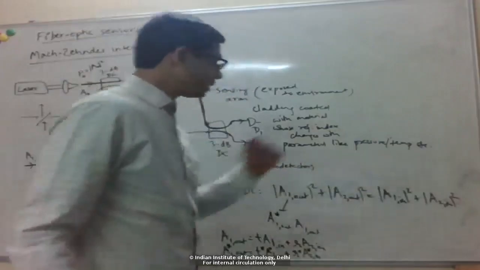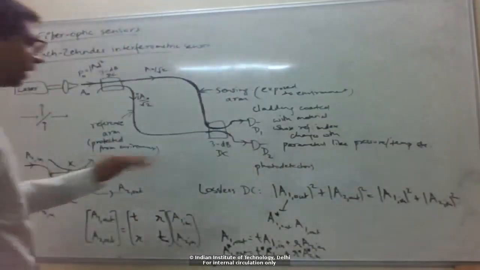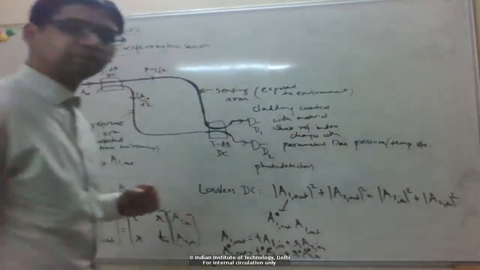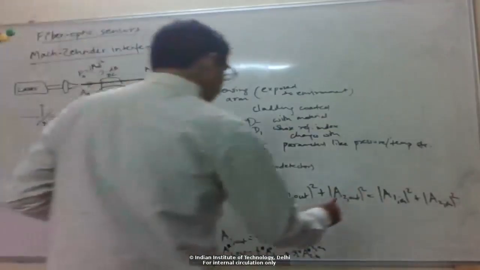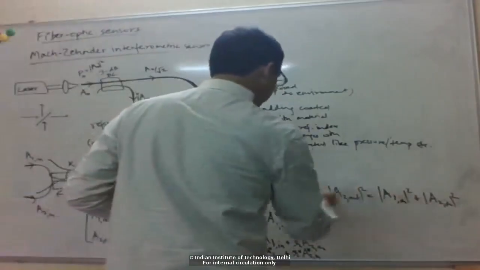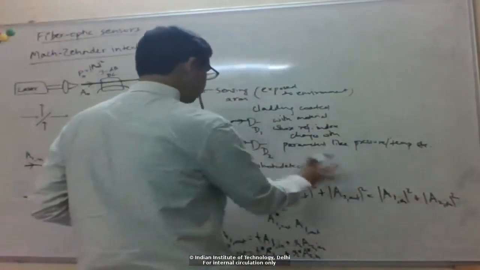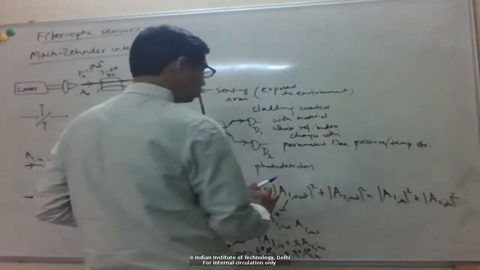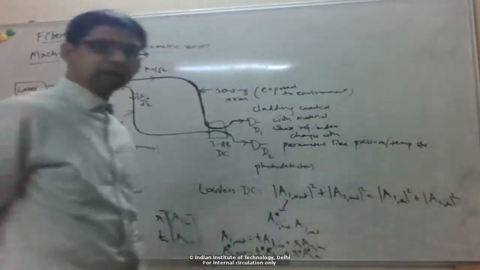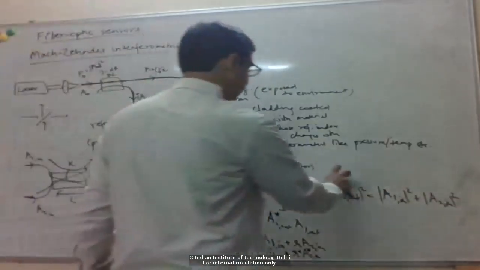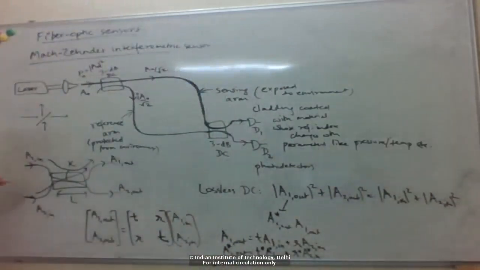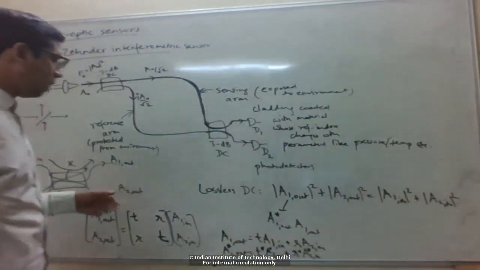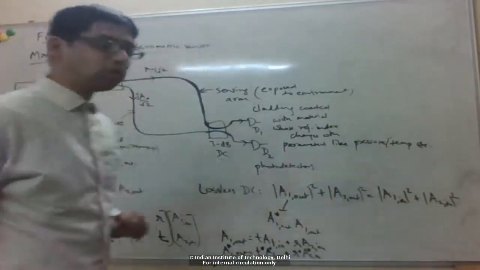So from this equation, we'll get equations for T and R. You can bring this to the other side, so we get some coefficients of A1 and A2 equal to 0. Those coefficients have to be 0 because A1 in and A2 in are arbitrary, non-zero inputs, and for any input this equation has to hold true.